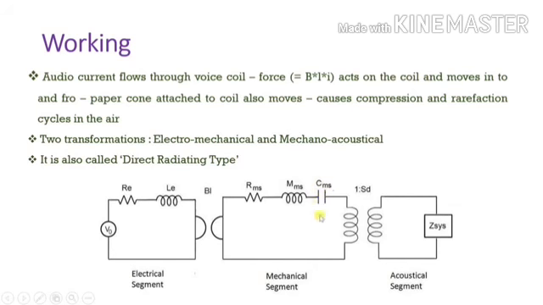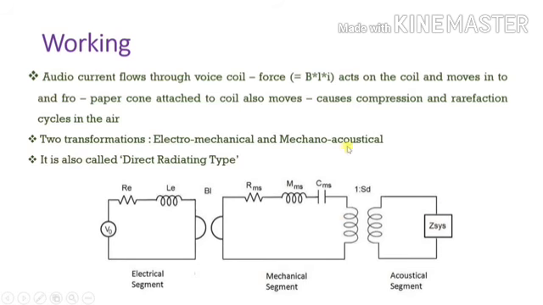Now see the second transformation, that is mechano-acoustical transformation. Whatever motion is happening in the mechanical segment should get translated into sound. Sound will get generated only if the impedance of air is matched with the mechanical motion.